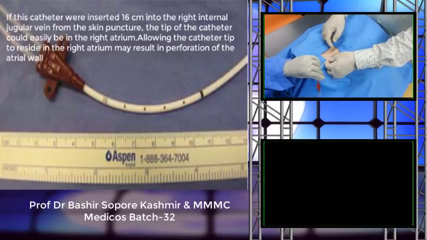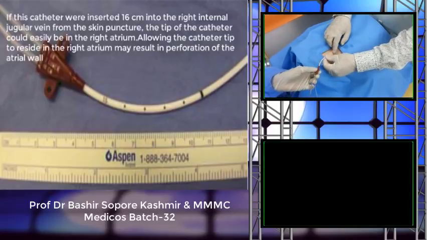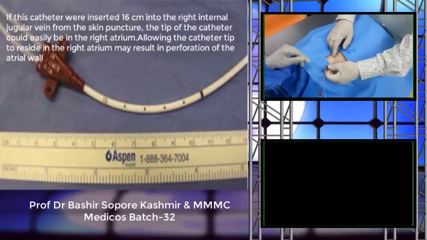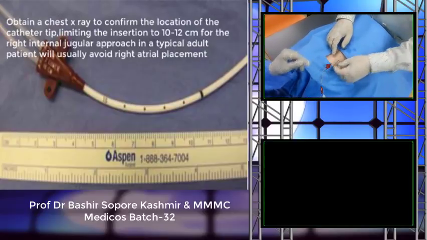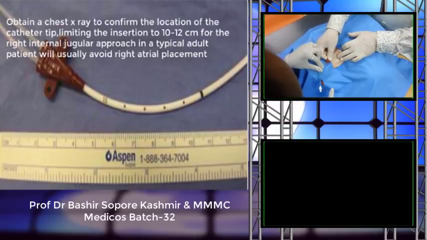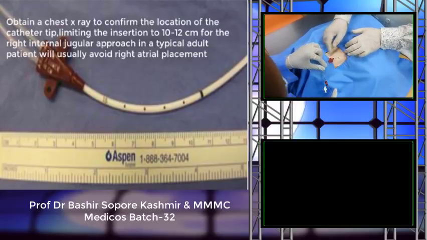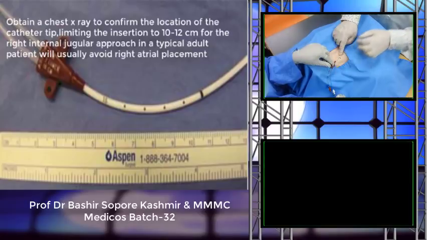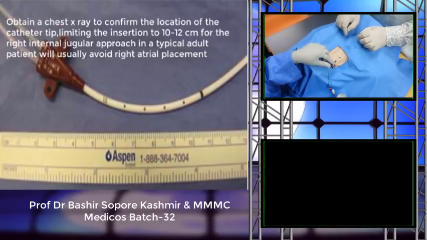After that, 10, 11, 12, 13, 14, and for example 15 centimeters. This catheter was 16 centimeters in length. This is 1 more centimeter here, isn't it? This catheter is 16 centimeters.